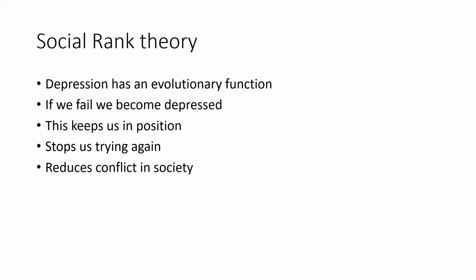The way it's helpful is that it means that society can function better with less conflict. So you don't have everybody trying to move up the social rank all at the same time.